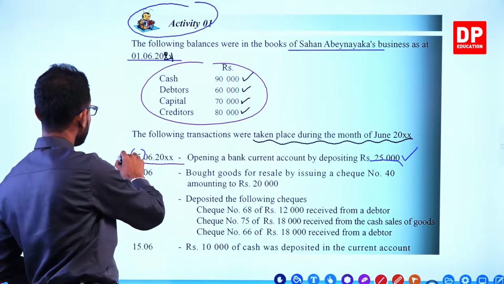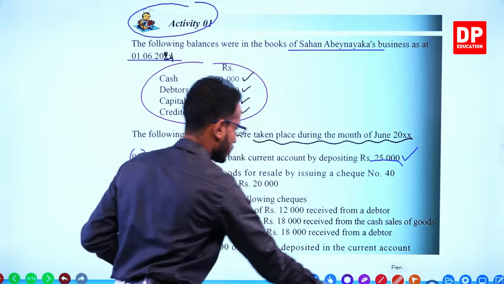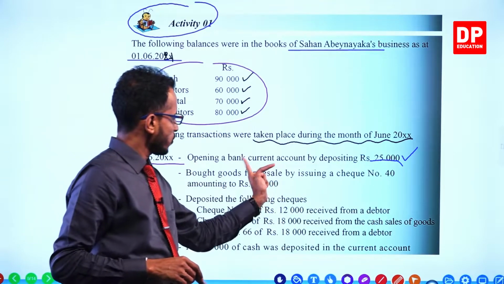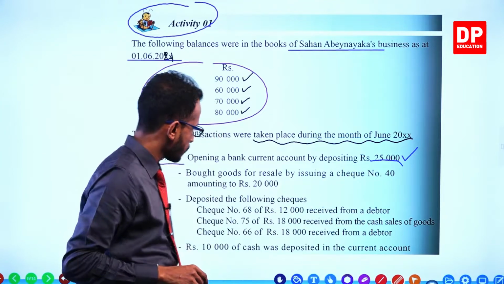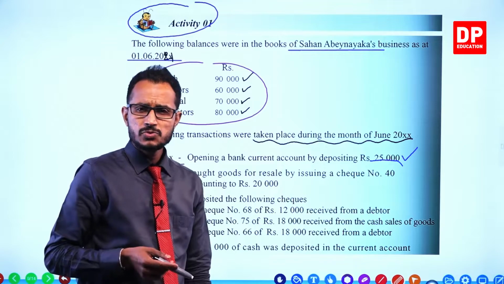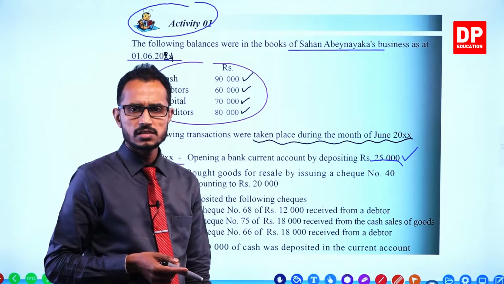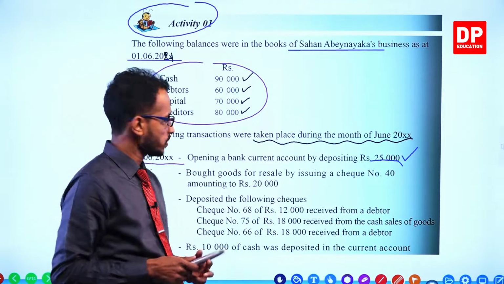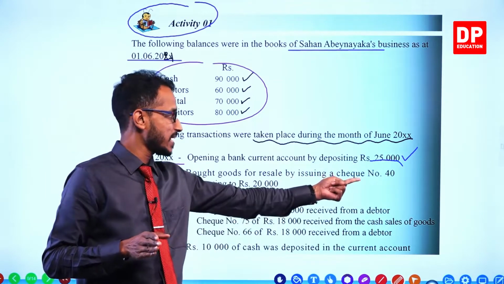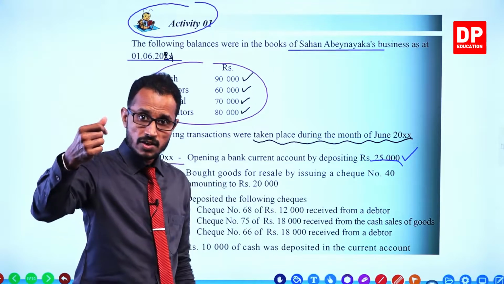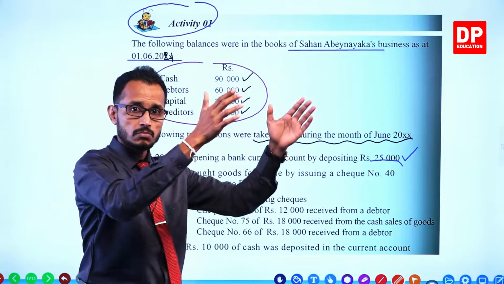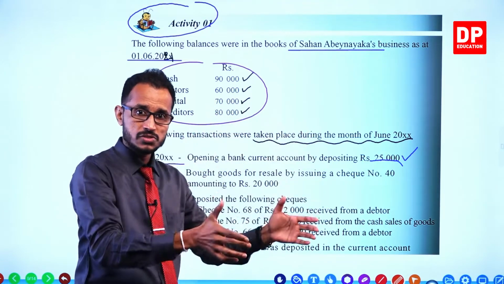Next transaction. 8th, bought goods for resale by issuing a check amounting to 20,000. That means we have bought goods. Purchases. We need a purchases account. But first of all, tell me the double entry. We are spending cash and buying goods for the business.